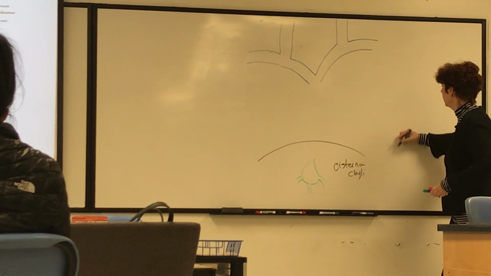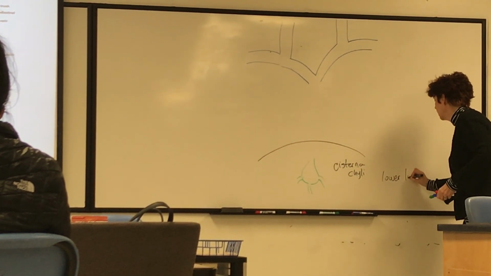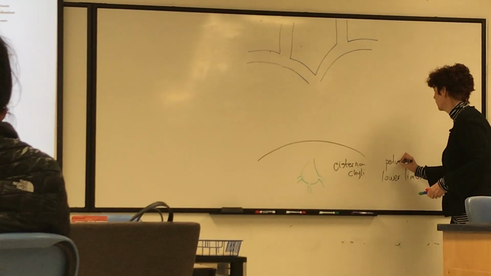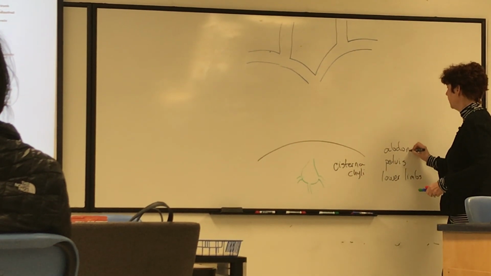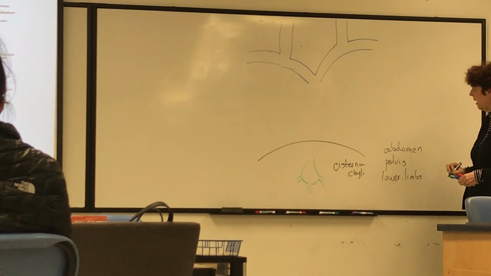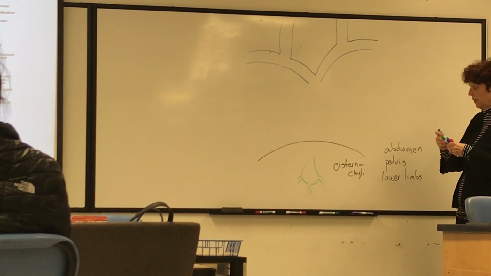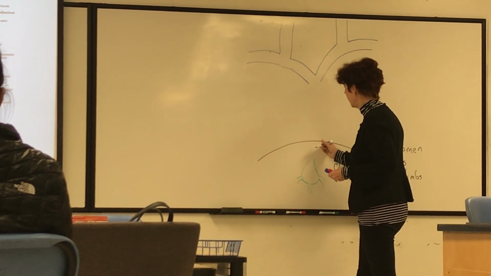Start from the bottom and add up. So from lower limbs, pelvis, abdomen, and that includes both the wall and the organs, right? And that's going to go into the cisterna chyli. And that forms what's known as the thoracic duct.